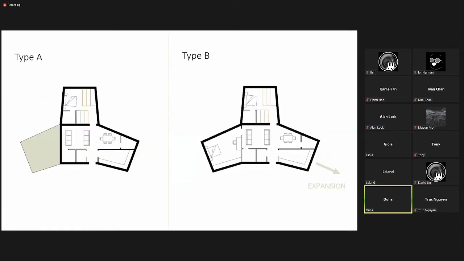So now I managed to only do 2 types, but I'm developing more types. For example, this is the starting unit. This is not placed in the 3D model yet, but I will place it.